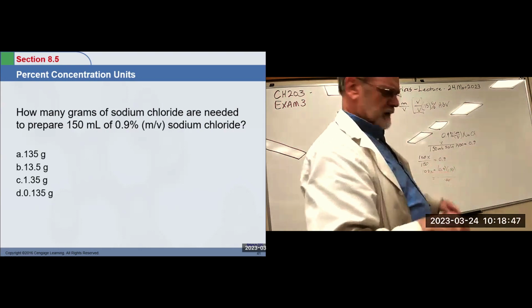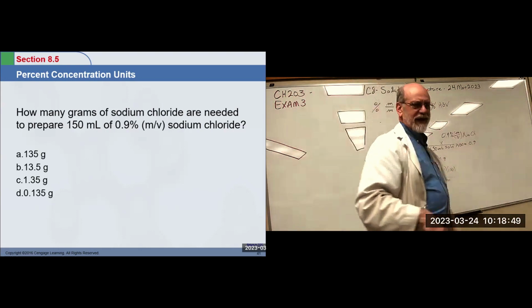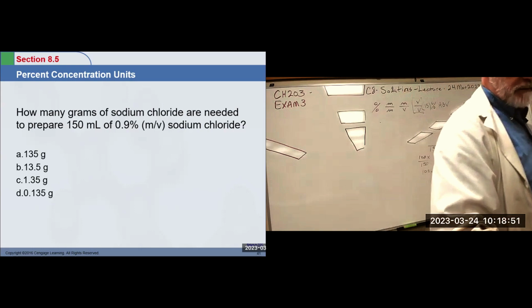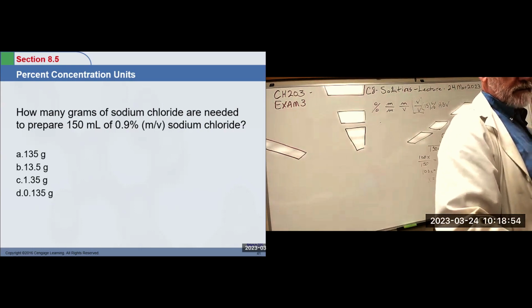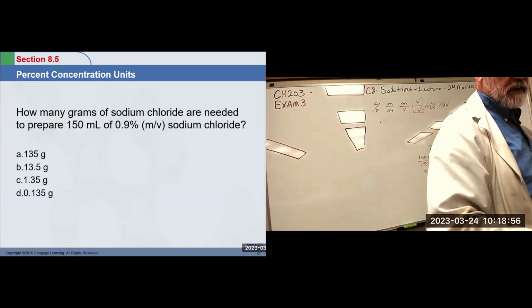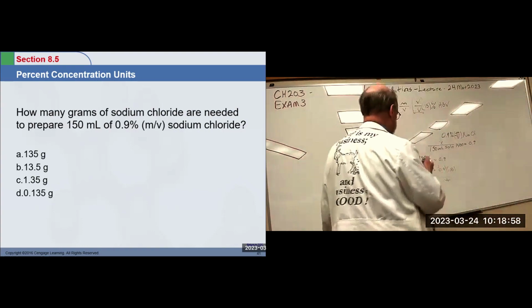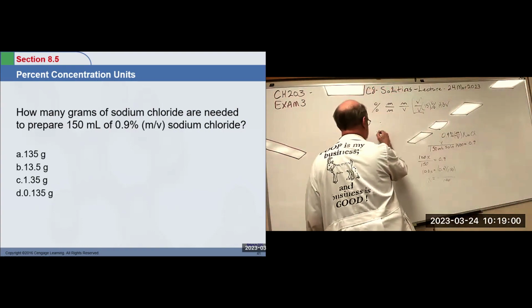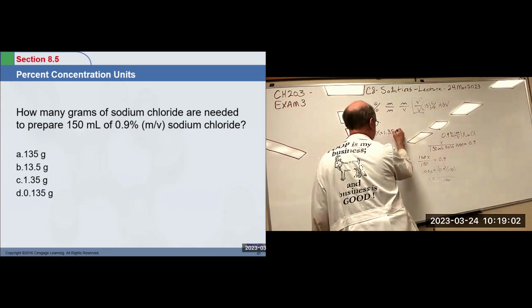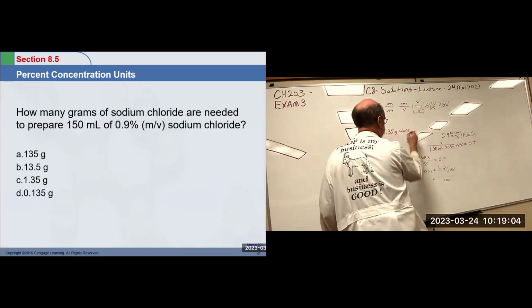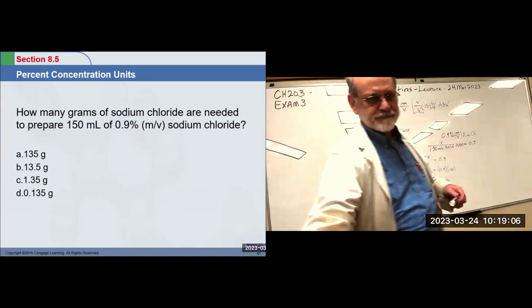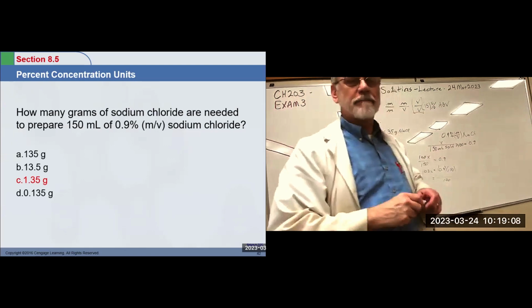Right, so 1.5 times 0.9. That'd be 1.35 grams of sodium chloride. There you go.